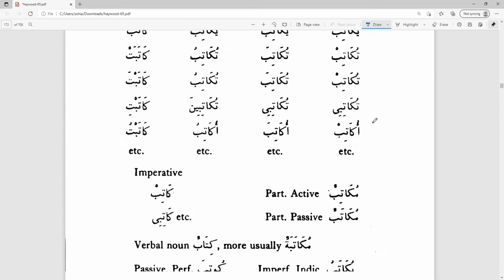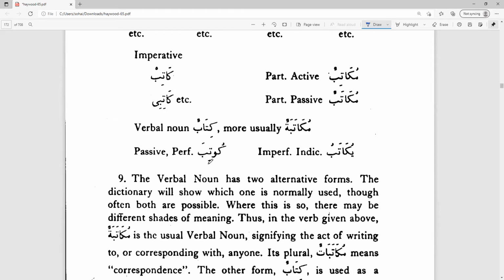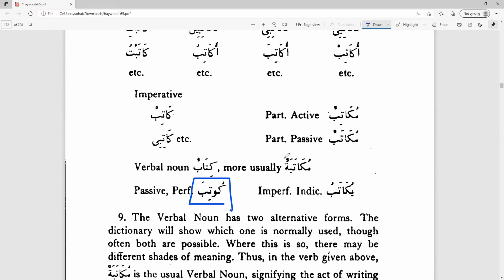Kutibtu, ana. This is like this. Kutibtu, yes. Carry on. Kutibtu, nahnu kutibna, anta kutibta, antuma kutibtuma, antum kutibtum, anti kutibti, antuma kutibtuma, antunna kutibtunna.